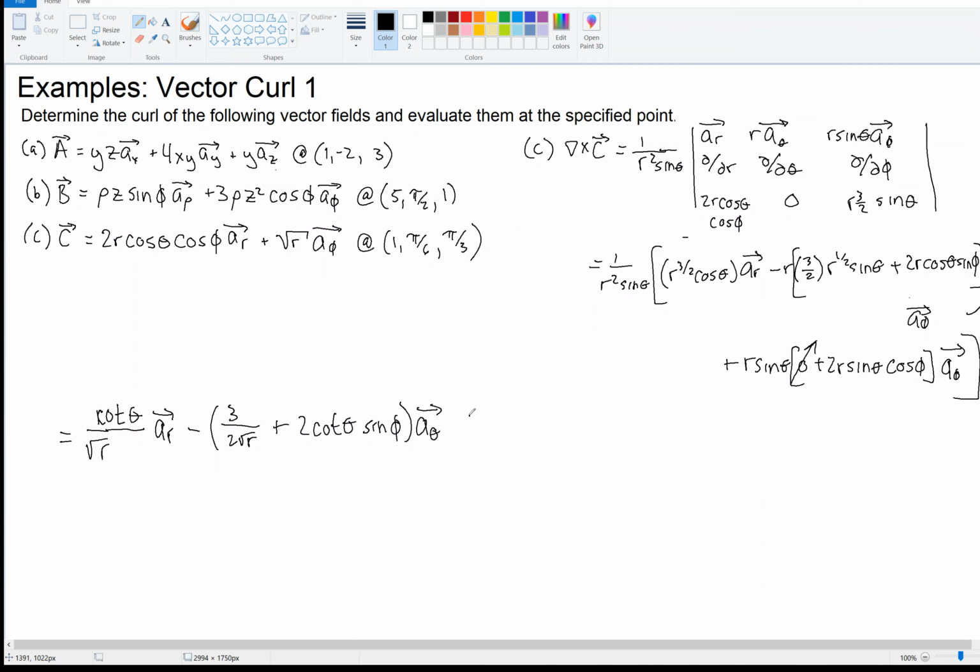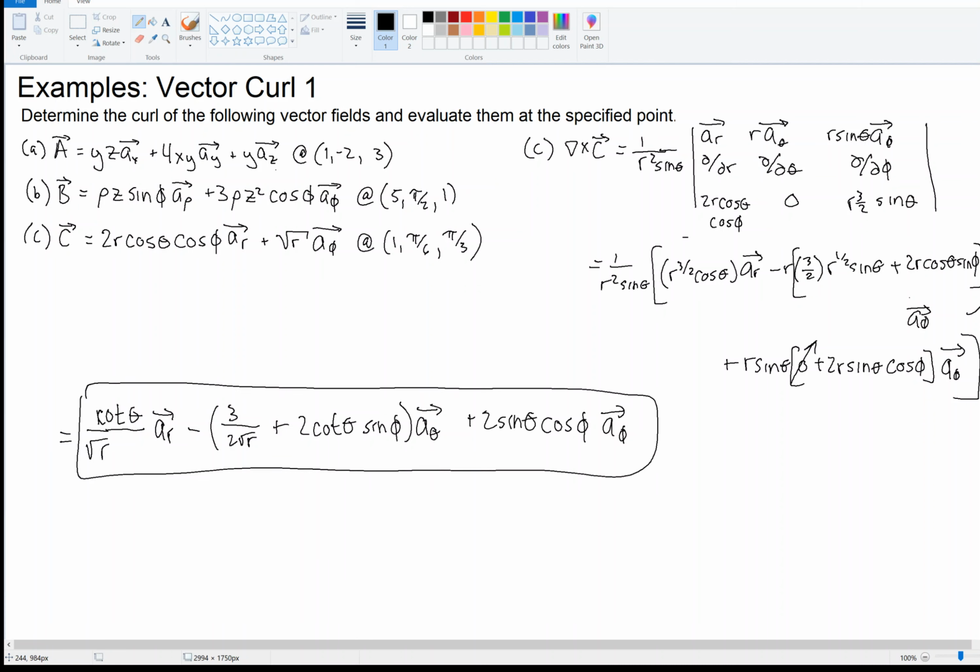So this makes plus 2 sine theta, and then I've got a cosine phi there. Cosine phi, and that is in the phi direction, like that. So this is the curl of vector field C.